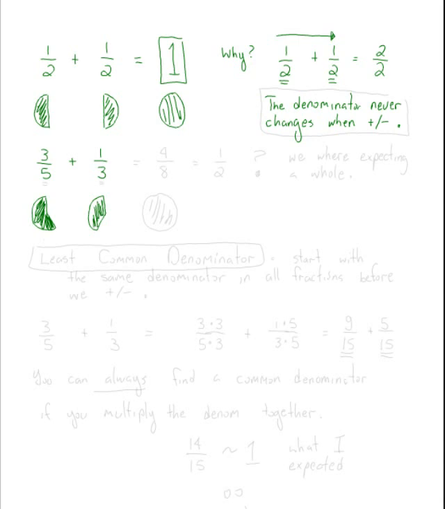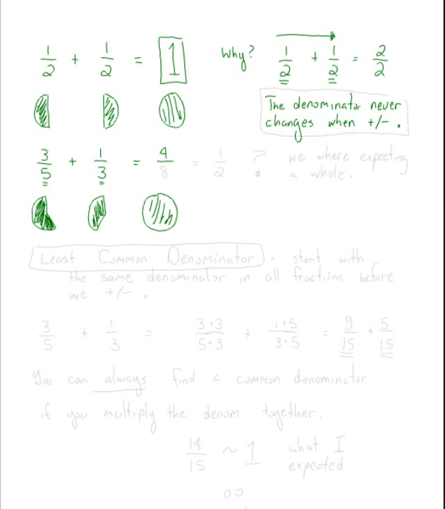If you put those together, you're going to get pretty close to a whole. Maybe not quite, or maybe a little bit more, but it'll be close to a whole.